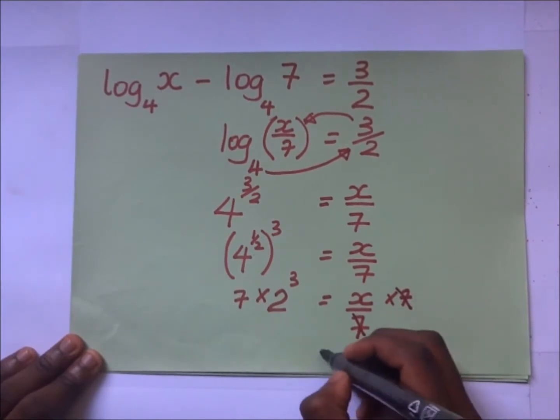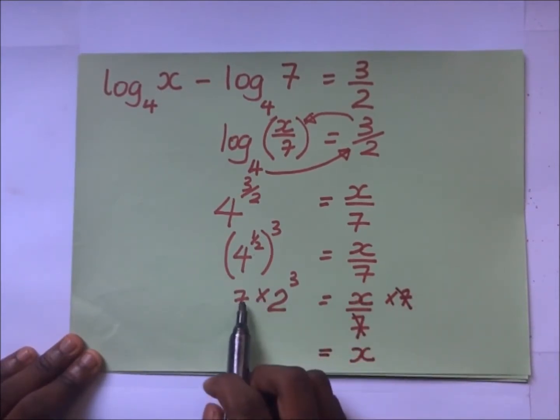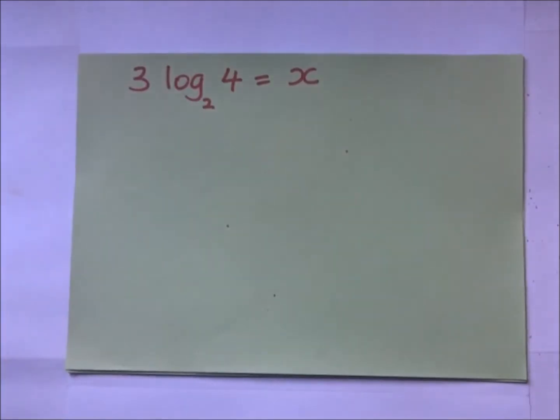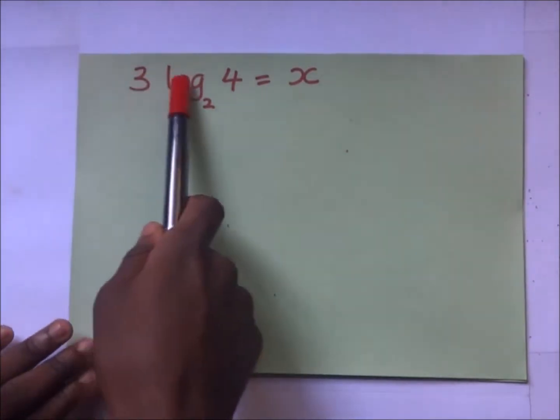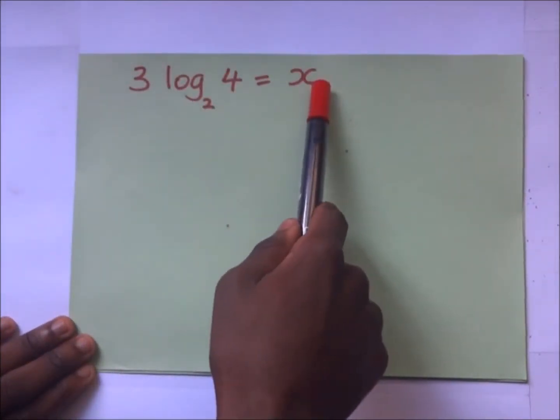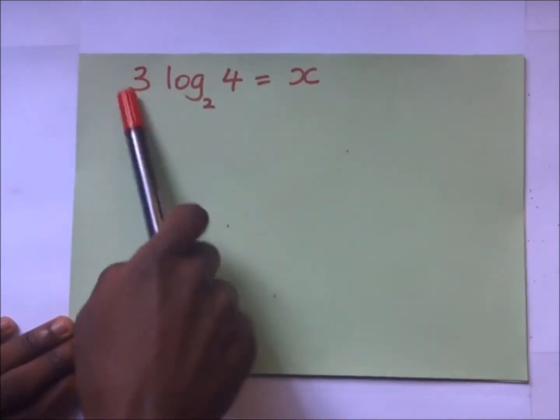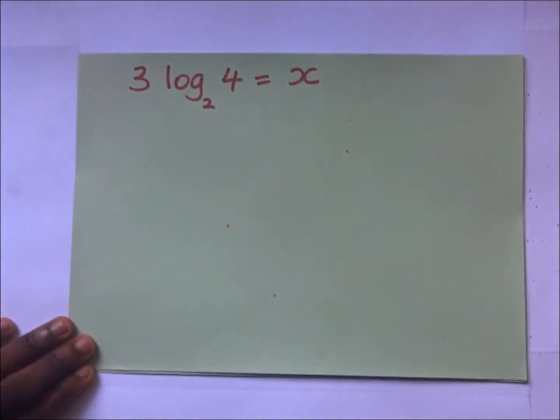You remain with the value of x as 7 times 2 times 2 times 2. To find the value of x here, this is 3 times log of 4 base 2 is equal to x. So we make sure that we can convert this to index form.